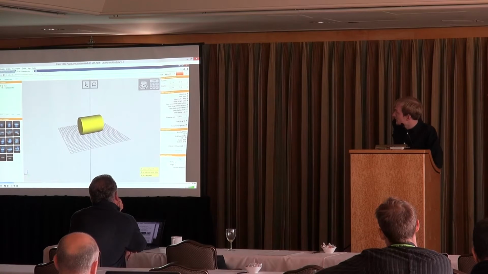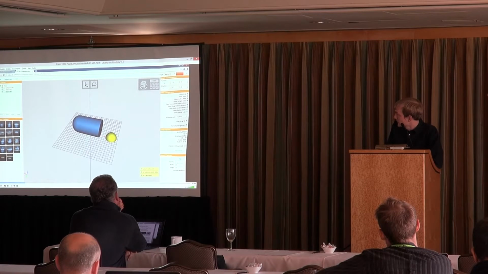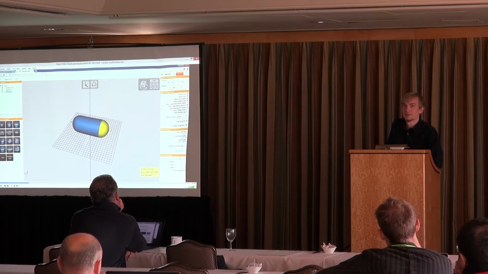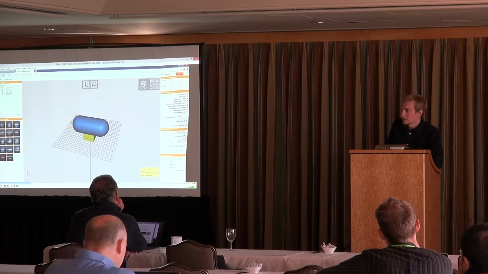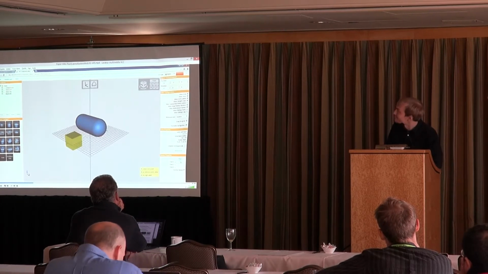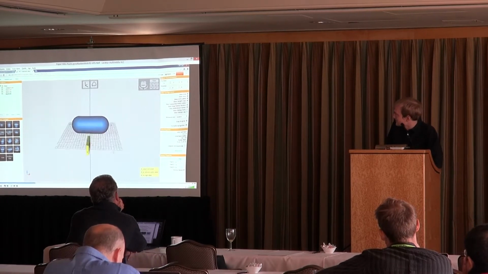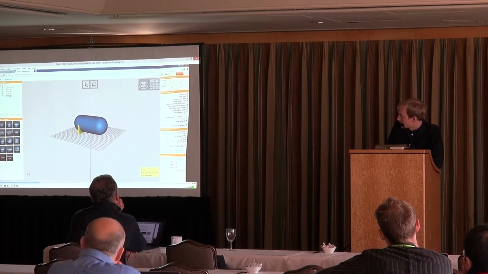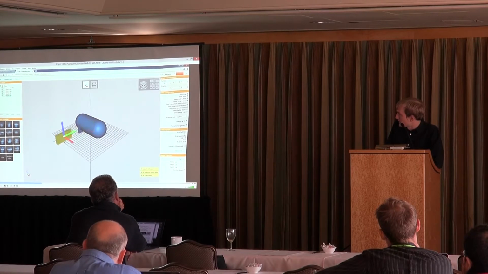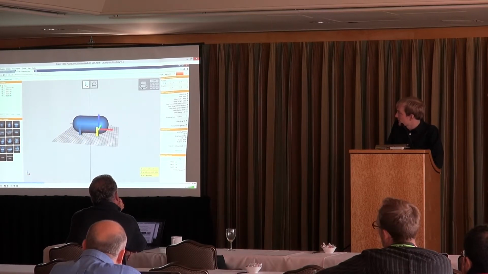Of course, we have standard operations like translation, rotation, and scaling via adjusting the parameters of the parametric primitives. So here you can see a speed run of creating a tank. On the bottom right, you have the element properties that belong to this specific component.